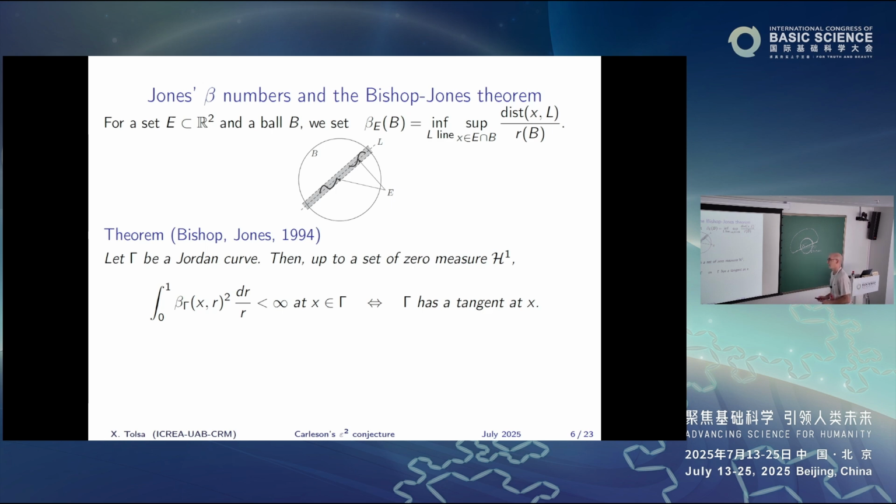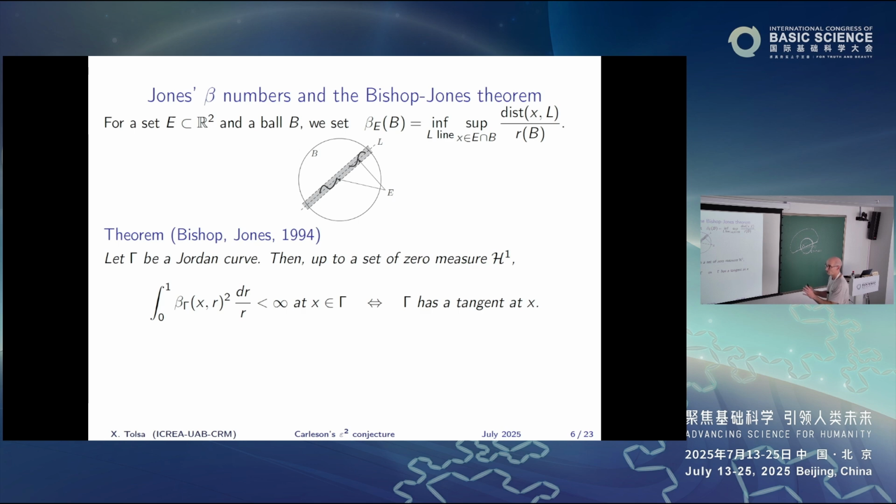So then there is this theorem due to Bishop and Jones that appears like a corollary, not an easy corollary, of a previous result of Jones, the so-called traveling salesman theorem of Jones. And it asserts that if we have a Jordan curve, then up to a set of zero length, the finiteness of this integral is equivalent to the existence of a tangent at x.